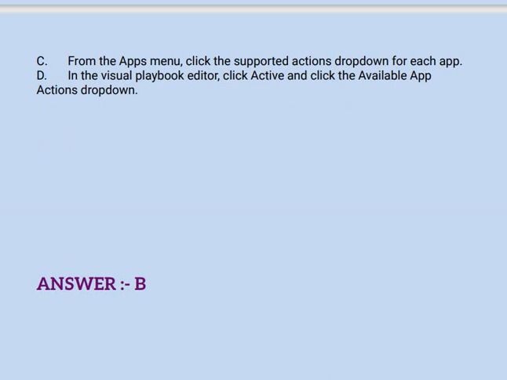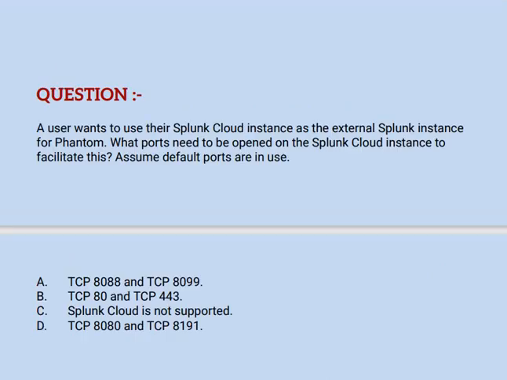Next question is: a user wants to use their Splunk Cloud instance as the external Splunk instance for Phantom. What ports need to be opened on the Splunk Cloud instance to facilitate this? Option A: TCP 8088 and TCP 8099.